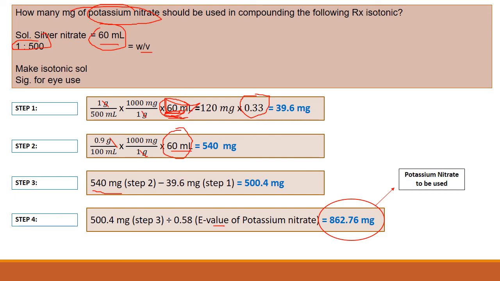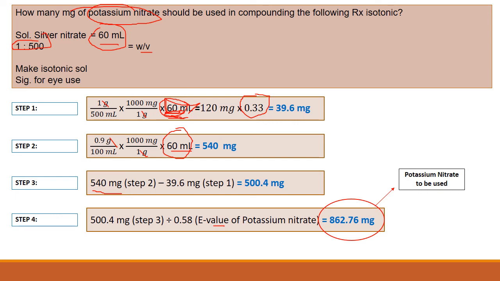Okay, kay naa kay concentration diri of 1 is to 500. So you can write it as 1 gram over 500 ml because your concentration is in weight per volume, because you are going to convert this into a milligram, so you have to multiply by 1000, and then you have here an ml, so you have this.